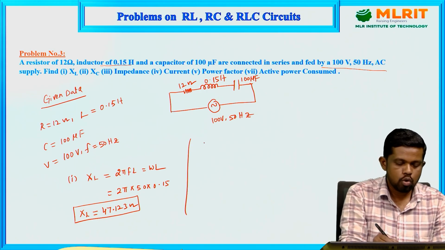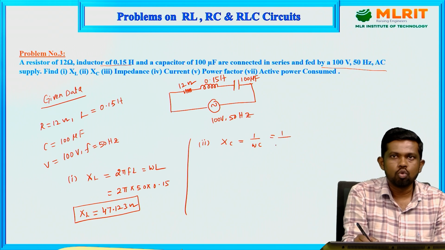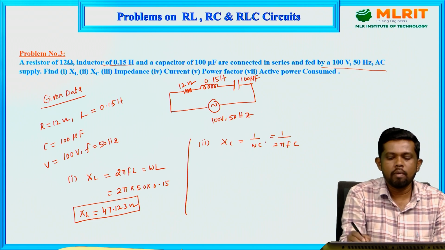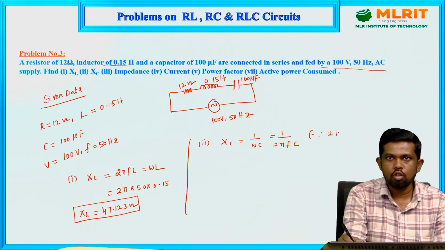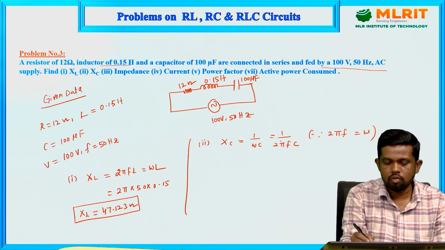Then question number 2 is the capacitor reactance, that is XC equal to 1 by omega C equal to 1 by 2 pi FC, since 2 pi F means omega.